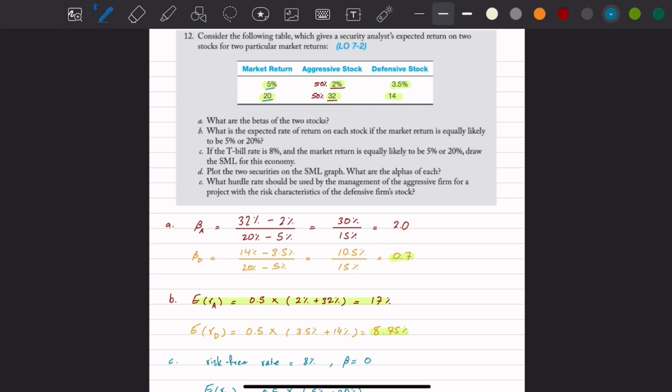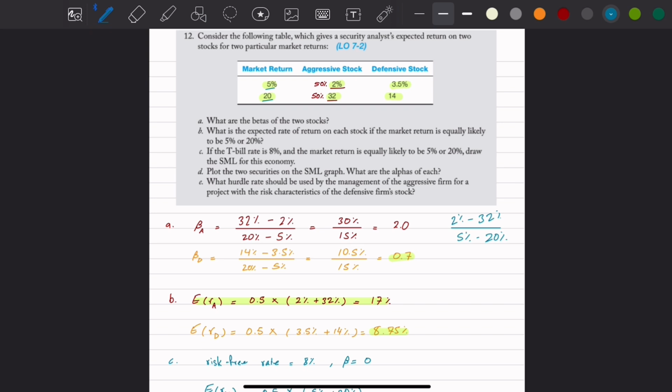So let's assume I had forgotten this and instead calculated this part by 2% minus 32% divided by 5% minus 20%, which is the other way around, calculating the low expected return minus the high expected return for the aggressive stock divided by the low expected return for the market minus the high expected return for the market.